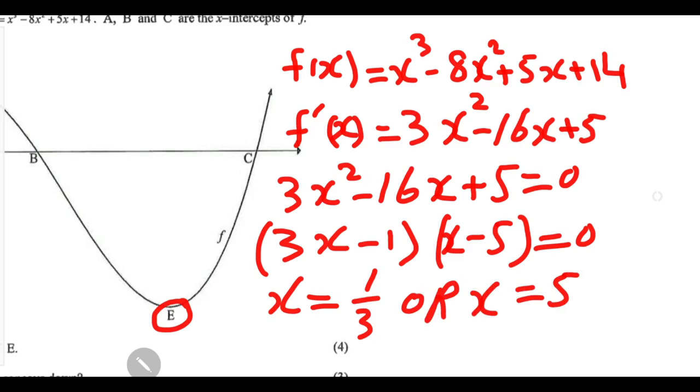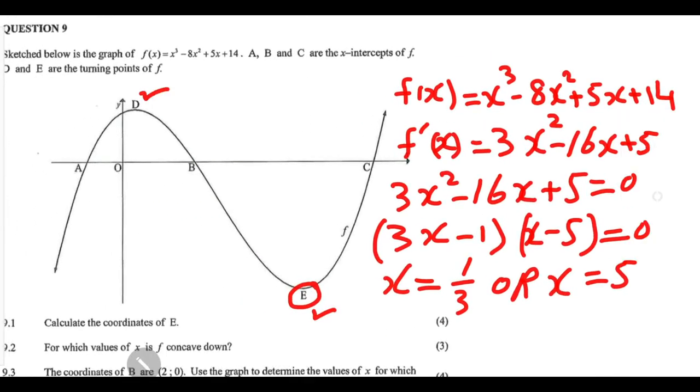Now determine which x-coordinate corresponds to E. From the graph, point D, have a look here. The local minimum occurs at the larger x value. Therefore, the x-coordinate of E is x = 5.